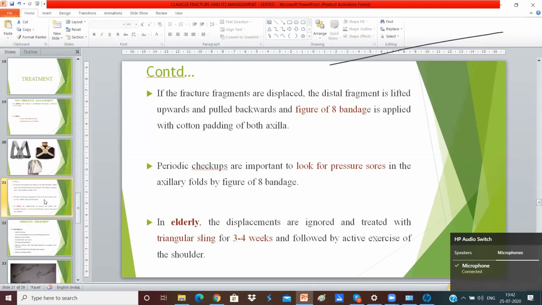If you tighten it very tightly, it will also compress the axillary vessels and nerves there. This leads to insufficient circulation distally, or there may be nerve compression also. The patient may complain of excruciating pain and also scaling.